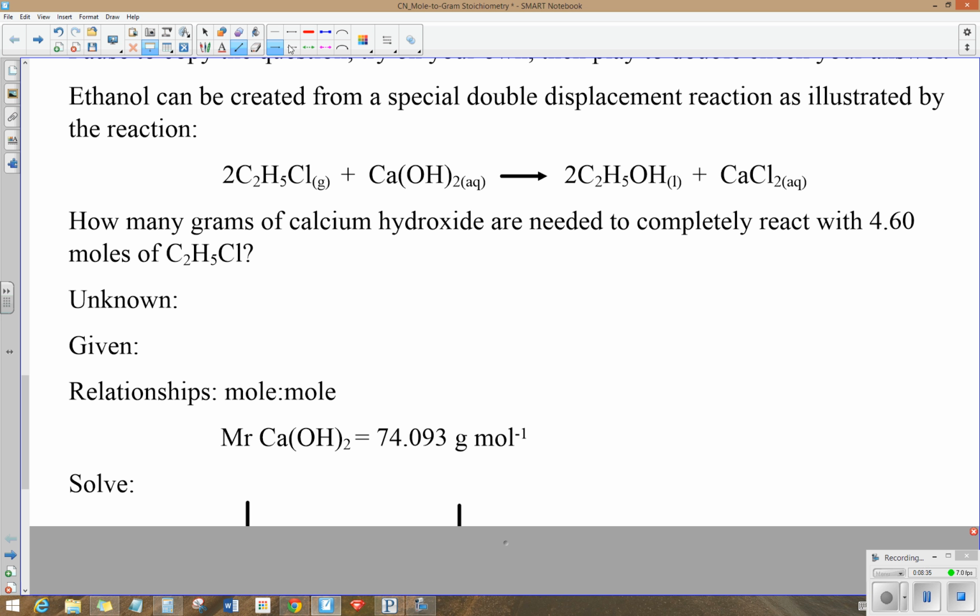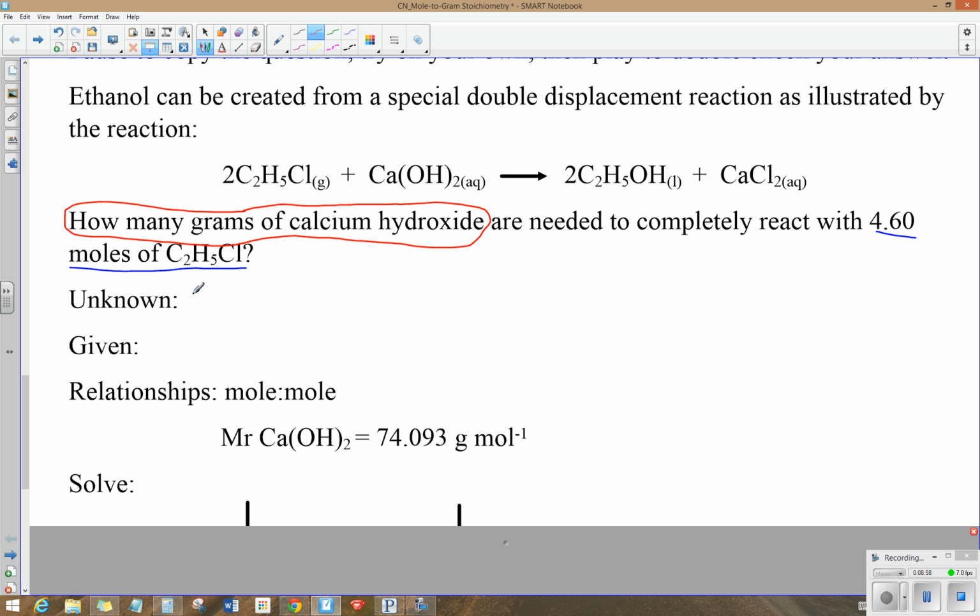So the question says, how many grams of calcium hydroxide are needed to completely react with 4.6 moles of C2H5Cl? So our unknown is how many grams of calcium hydroxide, and our known is 4.6 moles of C2H5Cl.